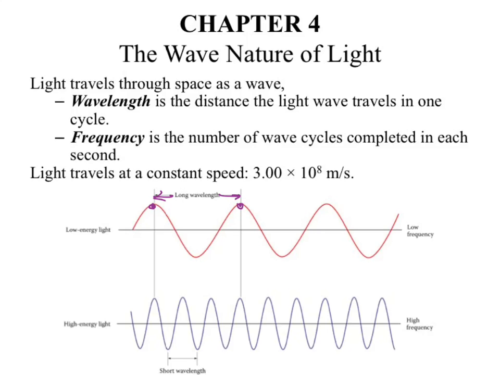Okay? So the distance between peaks gives you the length of the wave. The symbol for that is typically shown as lambda. Thankfully, I don't think we'll get into any of the mathematics of this, so you don't have to worry so much about the symbols, but that's what that one is. Okay? So that's the measure between those two.